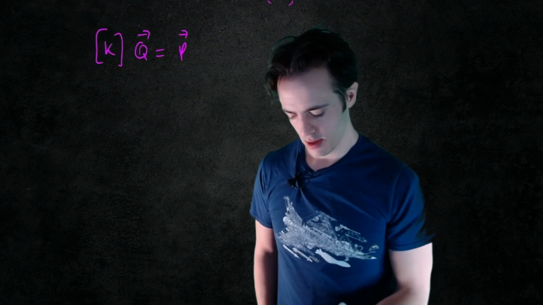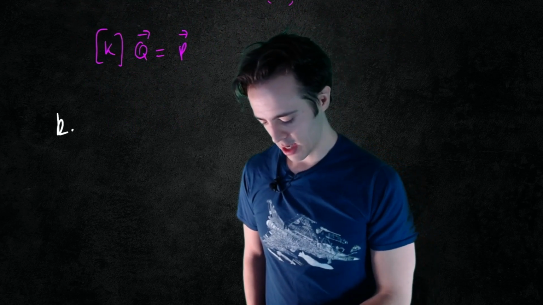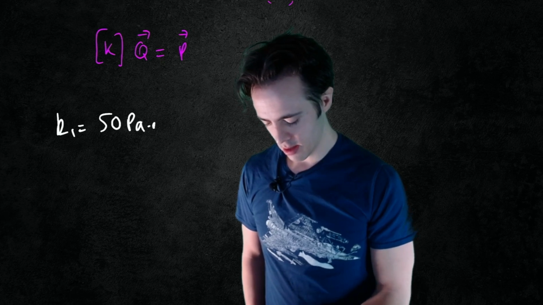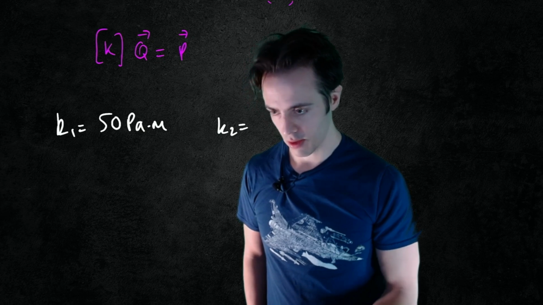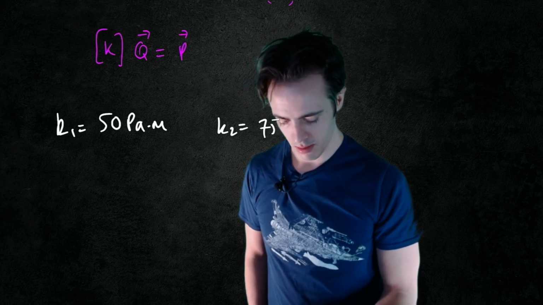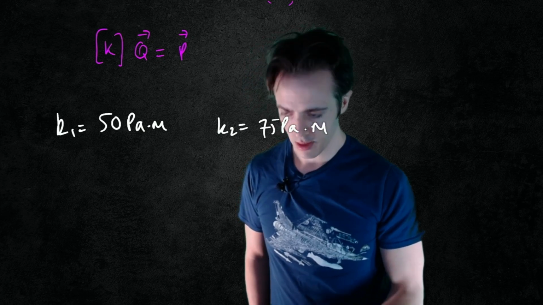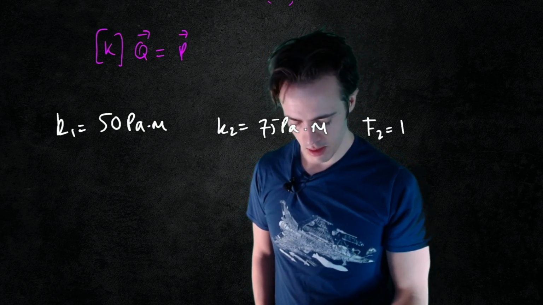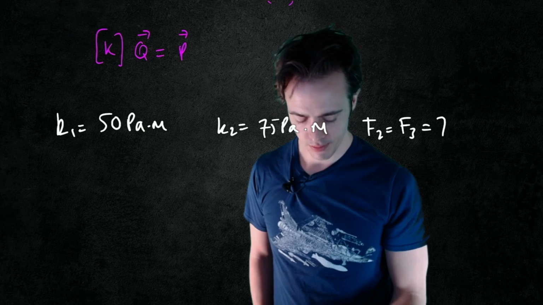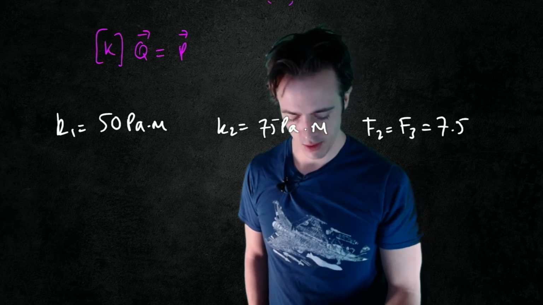Okay, so let's say in the example we had K1 was equal to 50 newtons per meter, and K2 was equal to 75 newtons per meter, and we said F2 was equal to F3, 7.5 newtons.